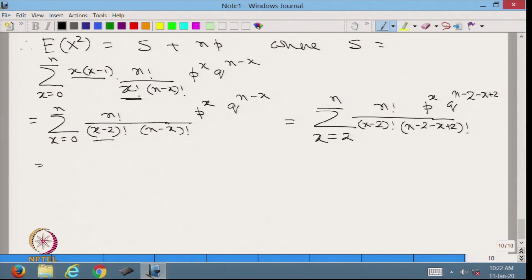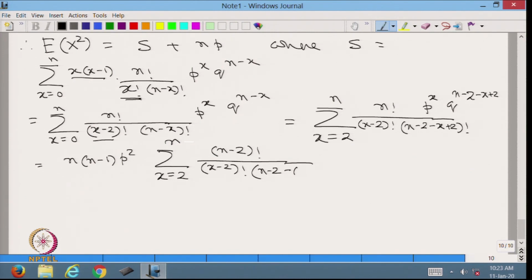If we take n and n minus 1 common, and therefore out of the summation, and p square out of the summation, then we get sigma x equals 2 to n of (n minus 2) factorial over (x minus 2) factorial (n minus 2 minus x minus 2) factorial, p to the power x minus 2 q to the power n minus 2 minus x plus 2.